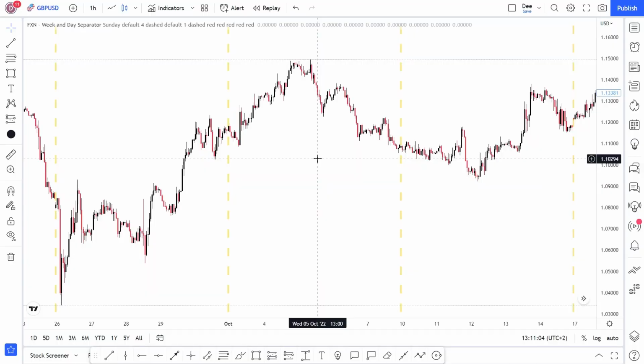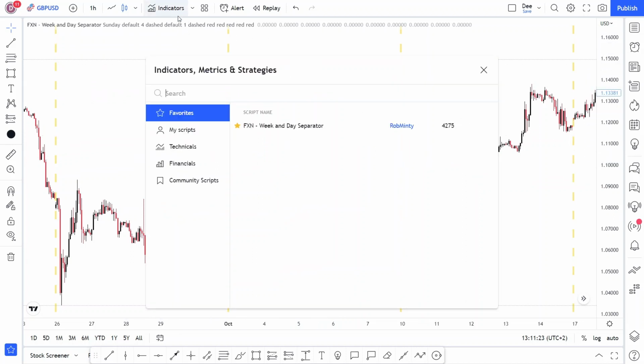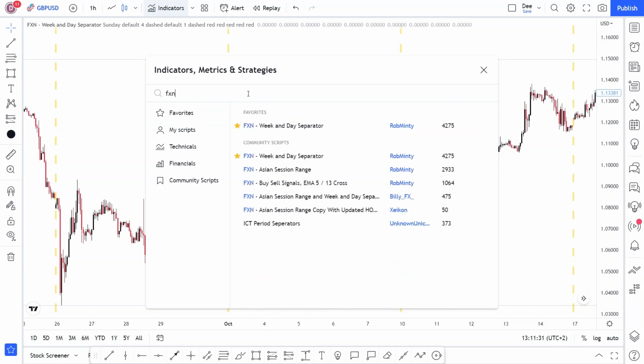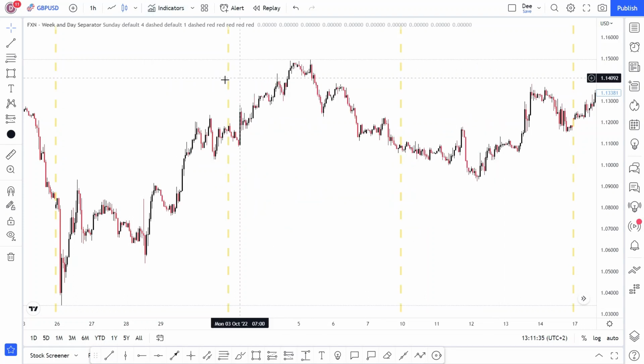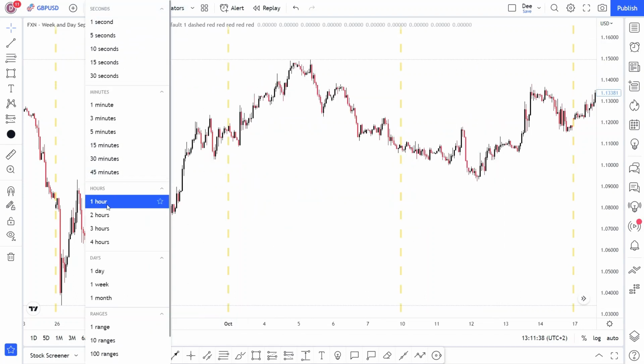Okay guys, now we've reached the practical application where we're going to demonstrate with real data. I hope you guys took some notes on the theory concept modules that we've covered. Okay, so the indicator that we're going to use for this section is FXN, week and day separator. Make sure you click on it and make sure that your time frame is 1 hour.